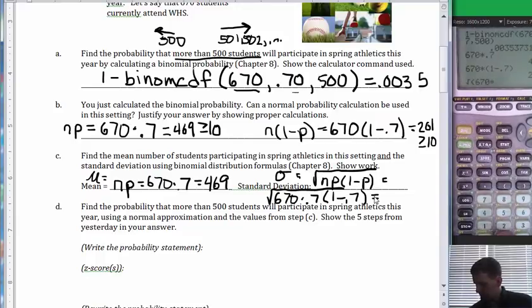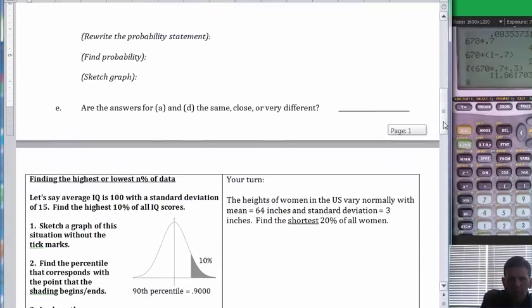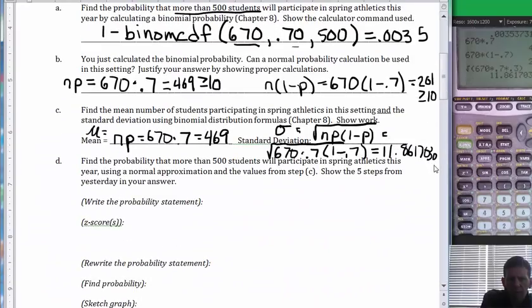Again, that was 0.3. And the number we get is this decimal number. For right now, I'm not going to have you round this number, because we're going to be utilizing all these decimal places in our next step.